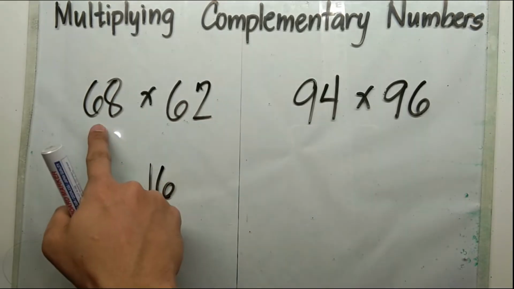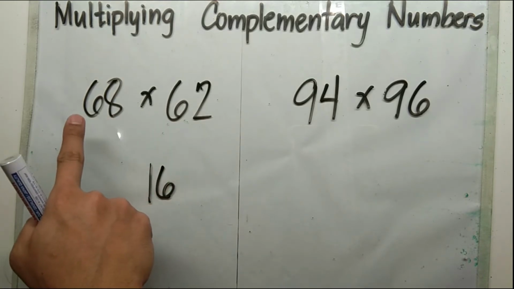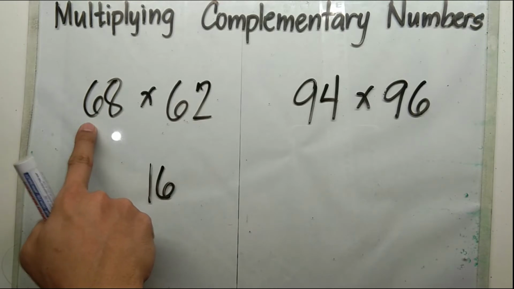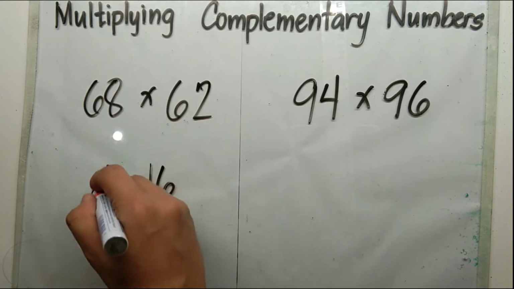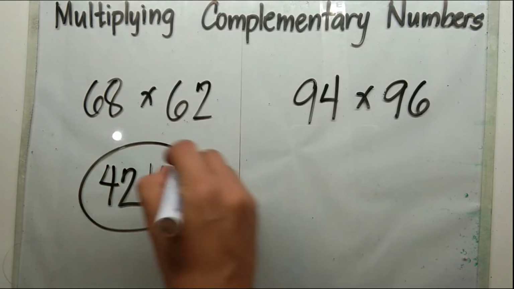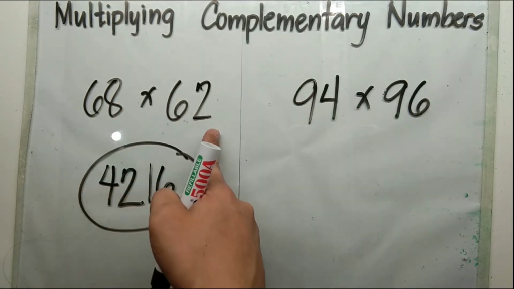Now, since the tens digits are the same, you may just square the tens value, which is 6 squared or 36, then add up the same number. So 36 plus 6, 42.